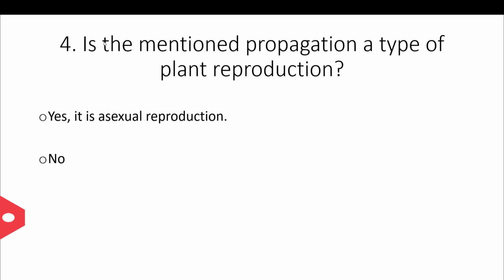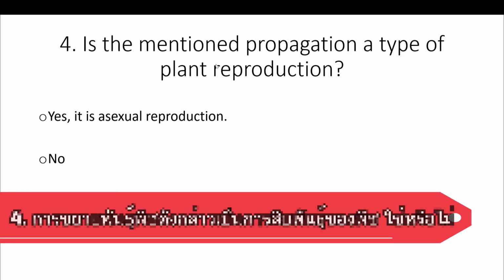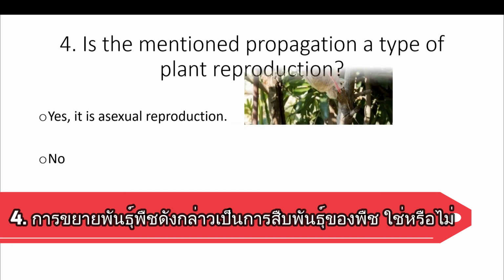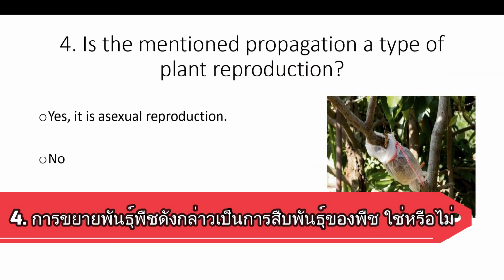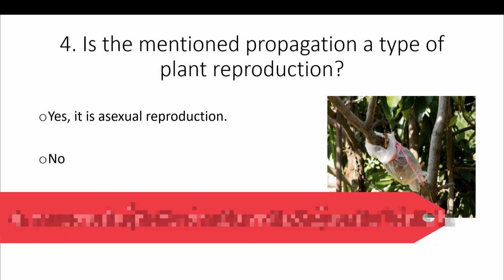Okay, number 4. Is the mentioned propagation a type of plant reproduction? Okay, yes, check yes. Layering is a type of propagation, one of the methods of propagating plants.